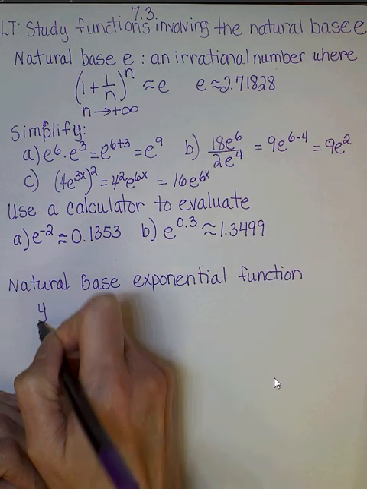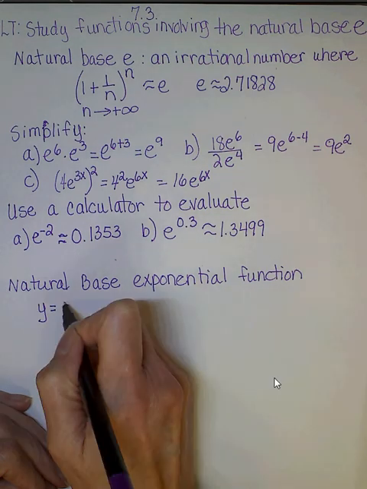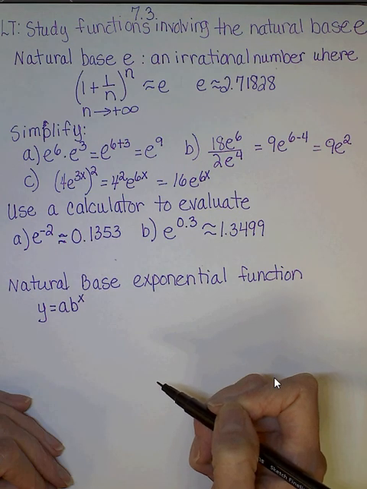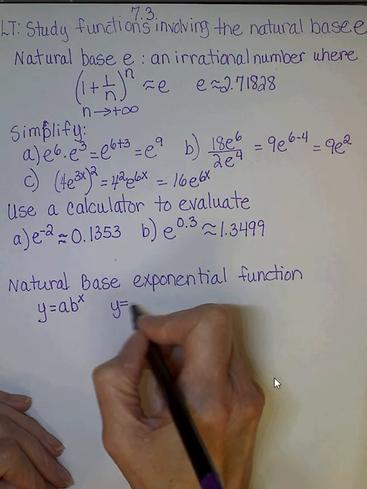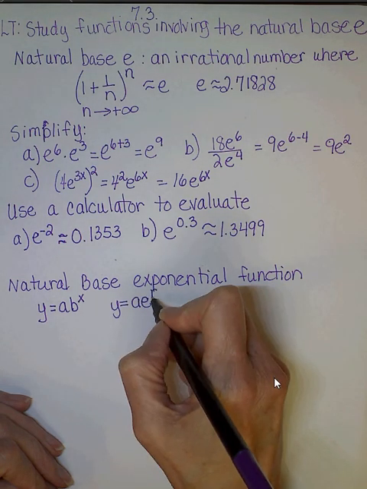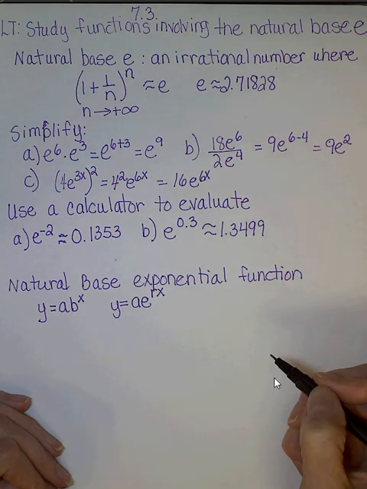Alright, so remember when we just did it before, we had A B to the x power. And this time our B is going to have an e in it. So our A value is the same, and our rate of growth or decay now is going to be up in the exponent spot.